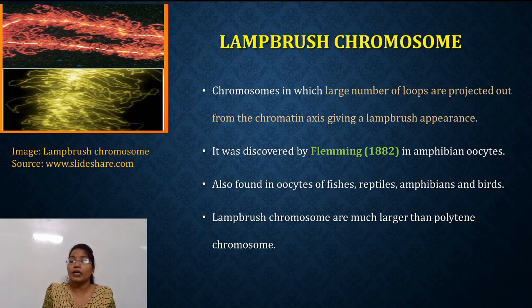Okay, so it is called a Lampbrush chromosome. This chromosome was discovered by scientist Flemming in oocytes of amphibians. It is also found in oocytes of fish, reptiles and certain birds. These Lampbrush chromosomes are much larger than the polytene chromosomes.